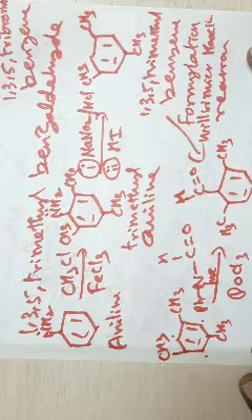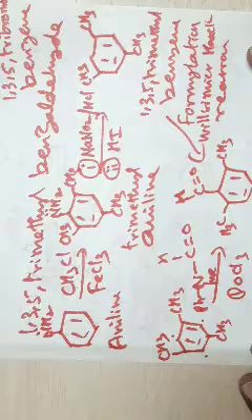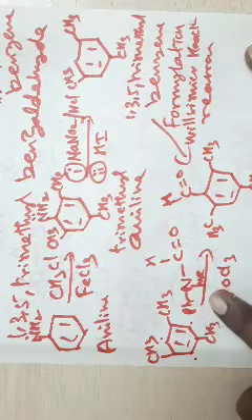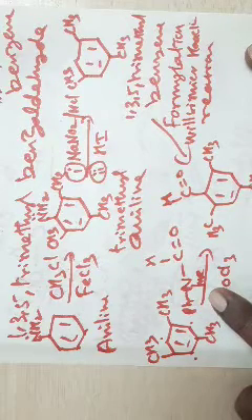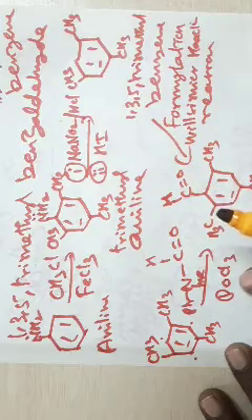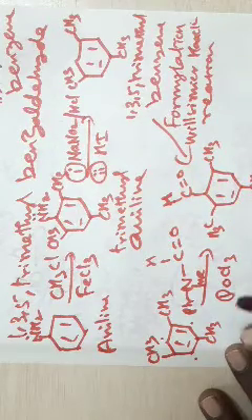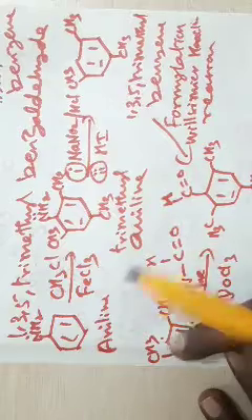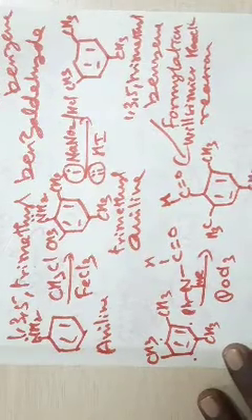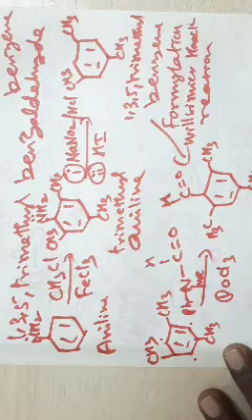Then formylation with the Vilsmeier-Haack reaction. In the Vilsmeier-Haack reaction, the reagent employed is N-methyl-N-phenylformamide. When N-methyl-N-phenylformamide in combination with phosphorus oxychloride is treated with the aromatic compound, any one of the ortho positions is formylated to give you trimethylbenzaldehyde.